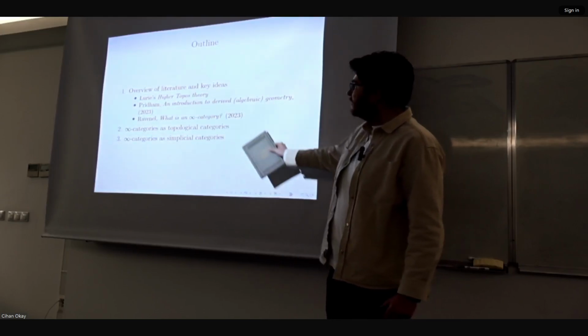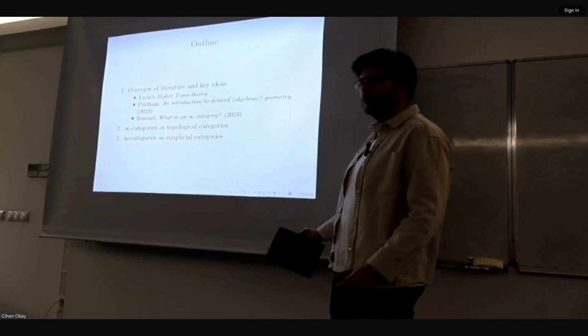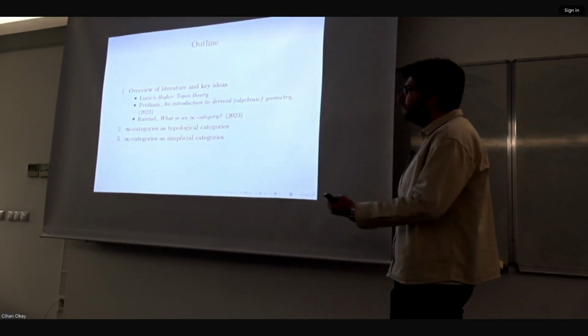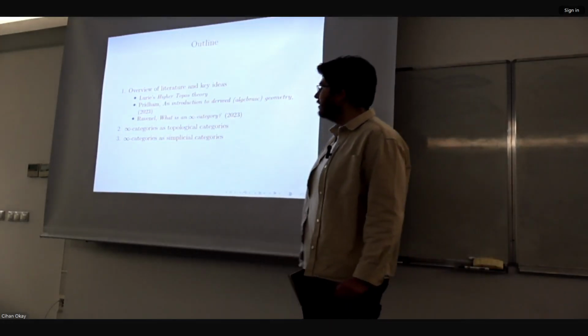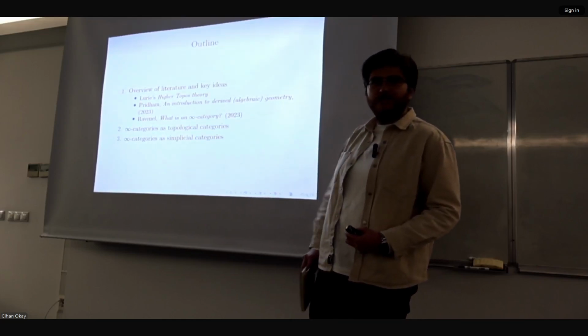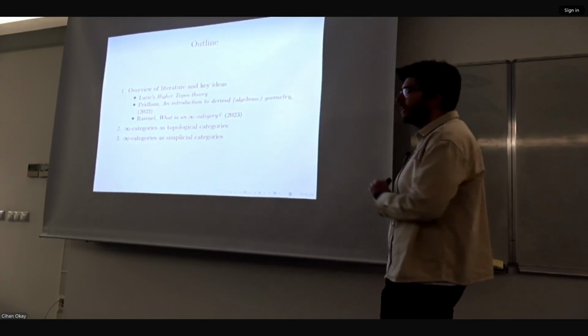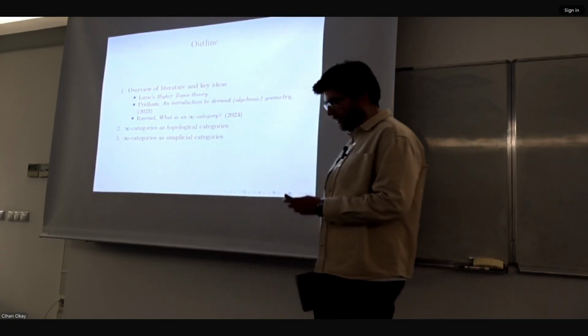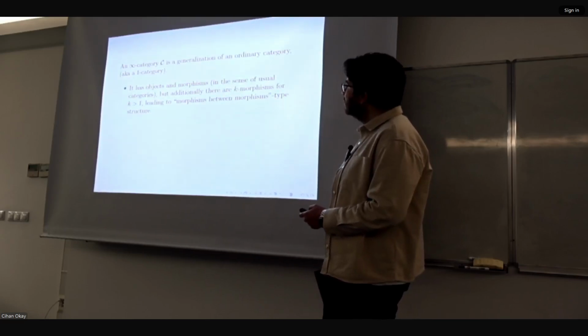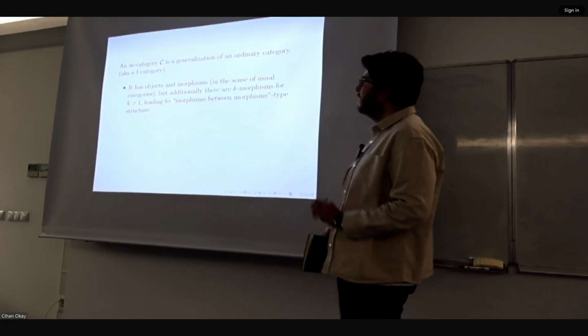One of them is by using topological spaces. The other way of discussing infinity categories is using the language of simplicial sets. A very special kind of simplicial set can be used as a model for infinity categories. So let's start with some key ideas informally.